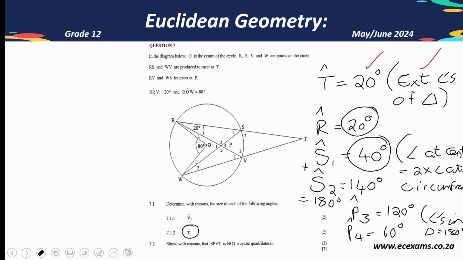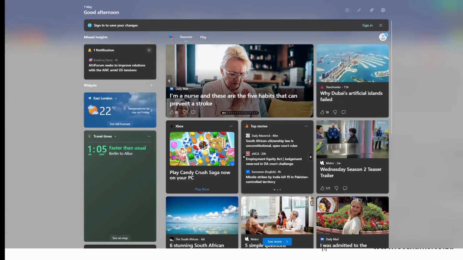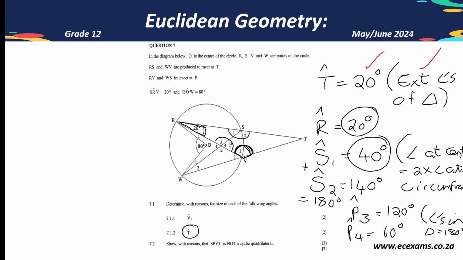Because if I put all those angles in, I've worked out that angle over there, I've worked out that over there, I've got that angle there, but I need to find out what angle V2 is. Okay, I need to find and see. So V2, no problems.